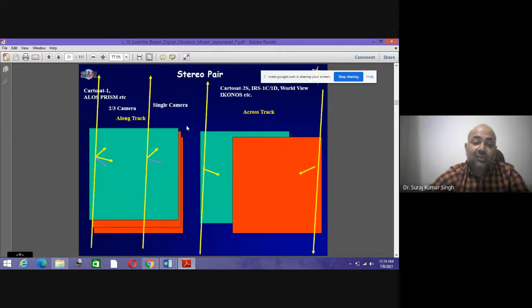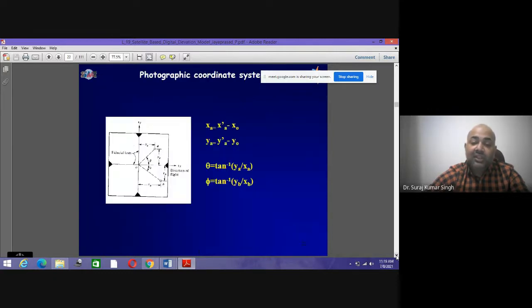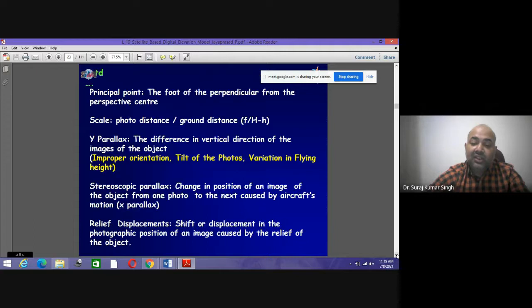These are a few of the terms used when you talk about along-track cameras or scanners, or across-track cameras and sensors. You can see how the points are obtained, and these are the fiducial lines, which are used for different kinds of calculation.